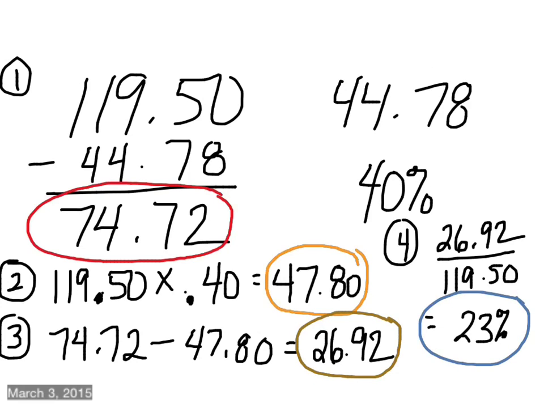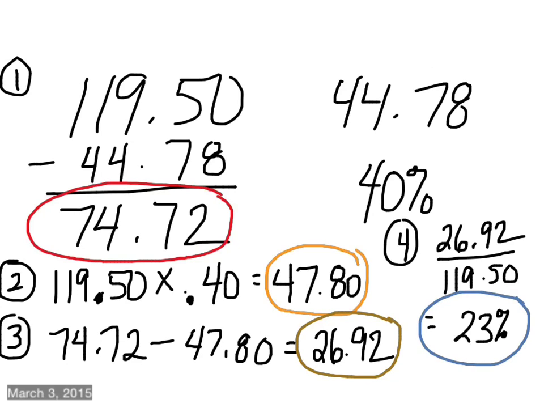Every piece of that is your answer. Do not just give me the 23% because I will minus 3 immediately. It wants all 4 of those numbers in the directions. You've got to get them anyway, might as well list them. For those of you who were gone yesterday, everything we did on steps 1, 2, and 3 is what you had to do yesterday. But I'll still have the notes up by the end of the hour.